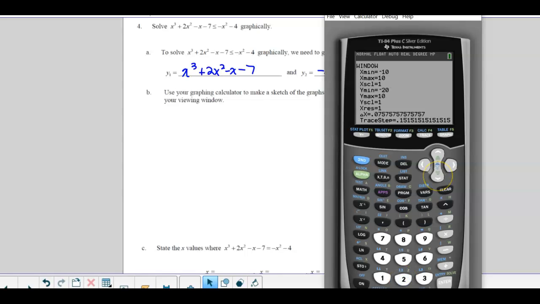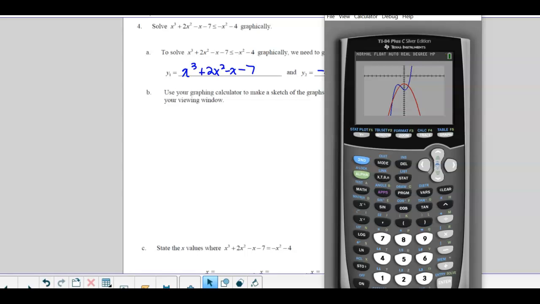My Y max doesn't have to be as big, so I'm going to go just to 5. Okay. There, you can see.